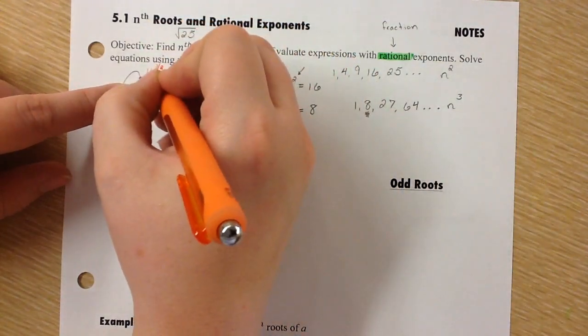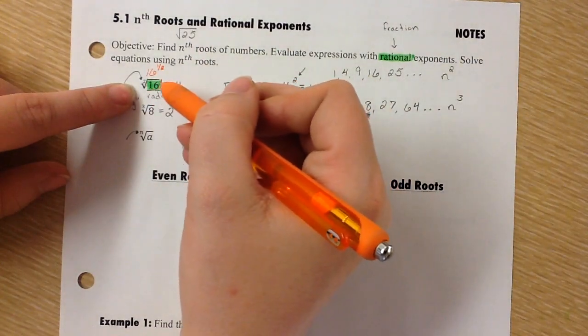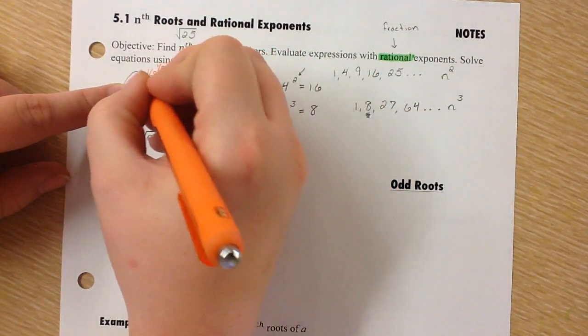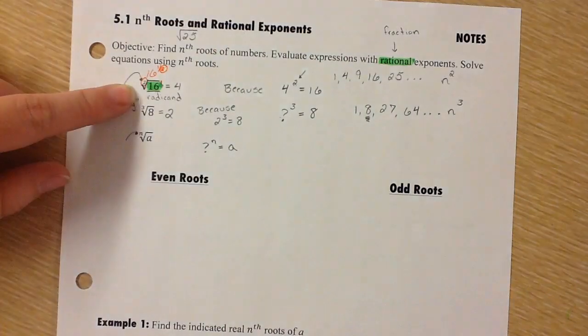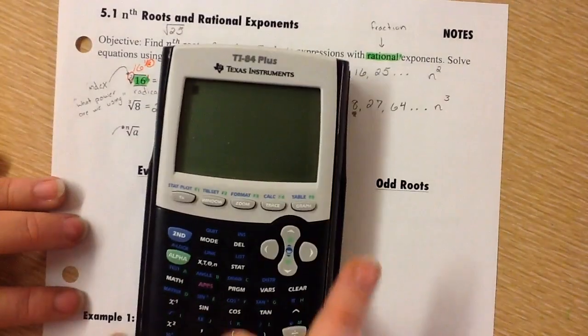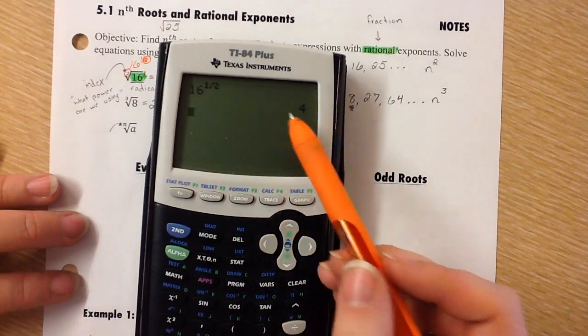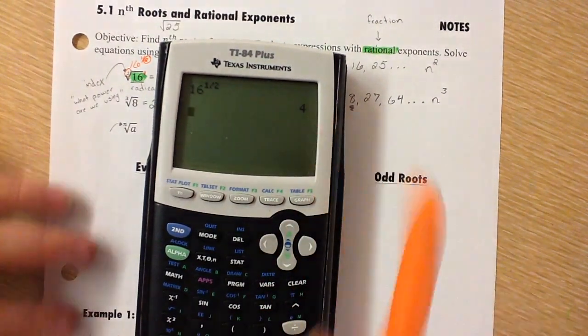The 1 comes from 16 to the 1 power, and the 2, my index, becomes the denominator of that fraction. If I take 16 to the 1/2 in my calculator, I end up getting 4.